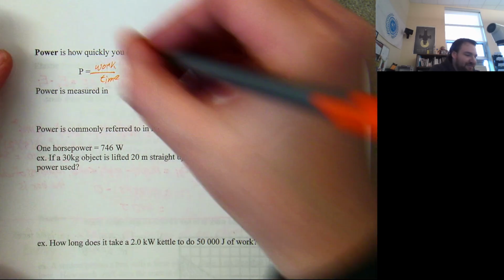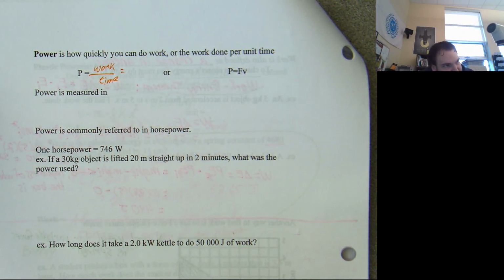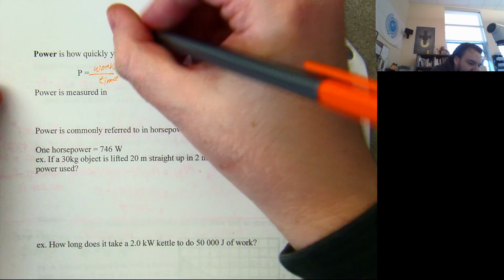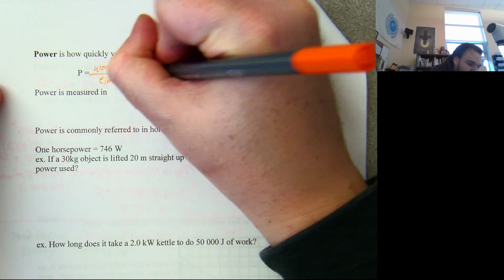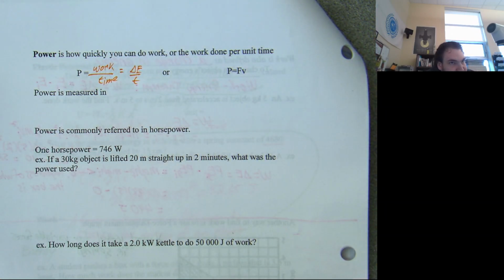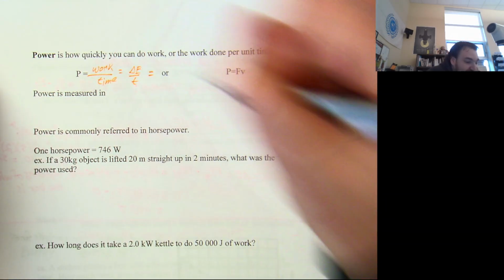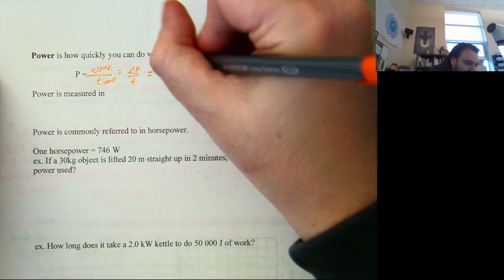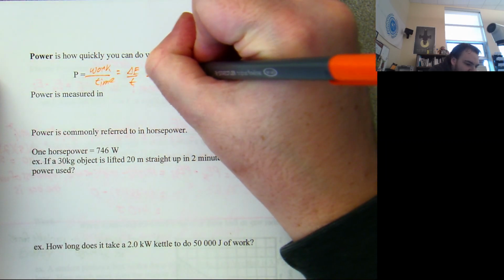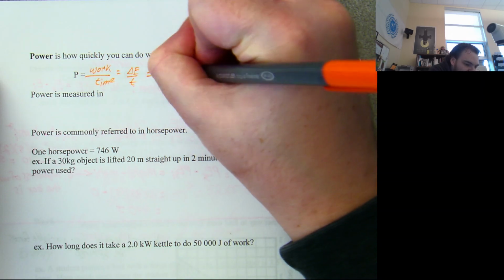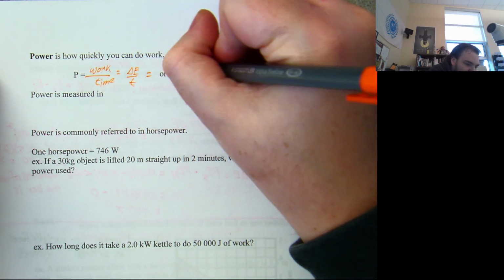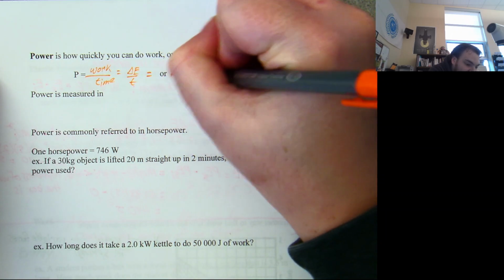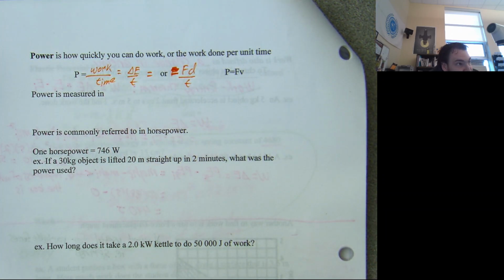Interestingly enough, though, one of our definitions for work was a change in energy over a change in time. Or, one of the other definitions we had for work was a force times a distance, so this is going to be equal to a force times a distance divided by time. But what's distance divided by time?